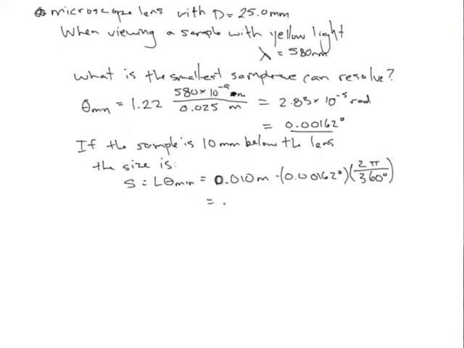So for those of you, if you didn't recall that and wondered about how we've been doing those conversions the last few times, that's how we convert between degrees and radians. And the result there then is 2.83 times 10 to the minus 7 meters, or 0.283 micrometers.